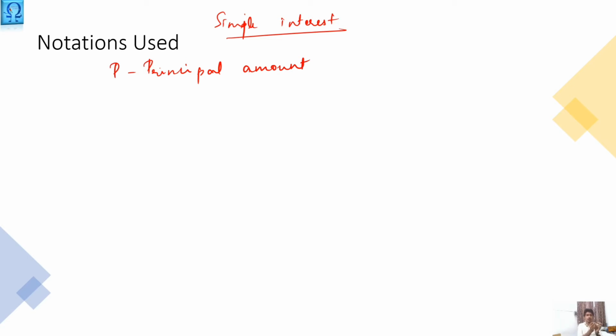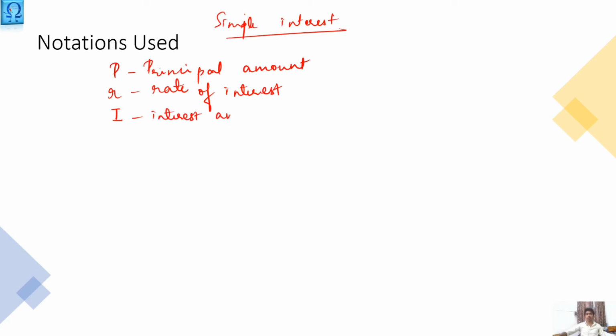A certain percentage of this money will be the extra, and that percentage we call the rate of interest, denoted by the letter R. So P is the principal amount, and the extra money in the name of interest that we are going to get is denoted by the letter I.